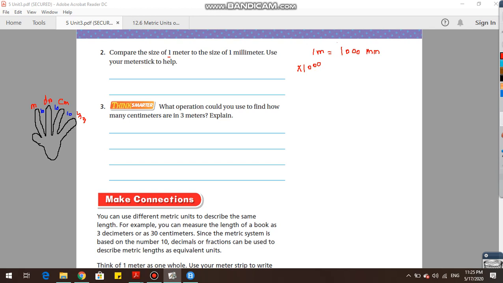It means that 1 meter is 1,000 times as long as a millimeter. Now it starts to be clear. Let's move on to the next exercise and I will explain it again.